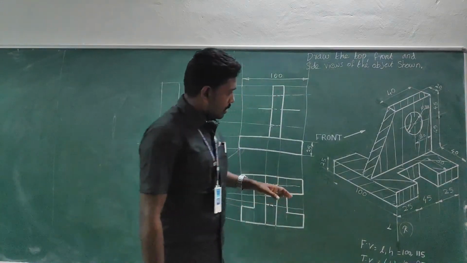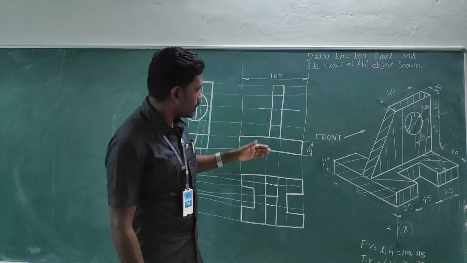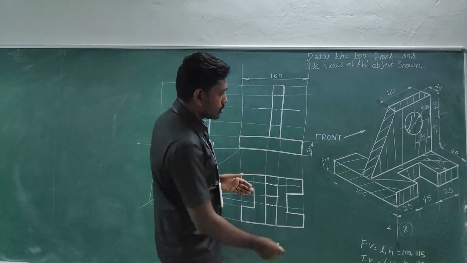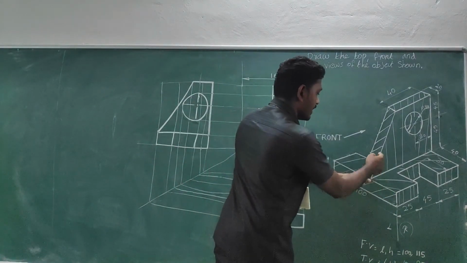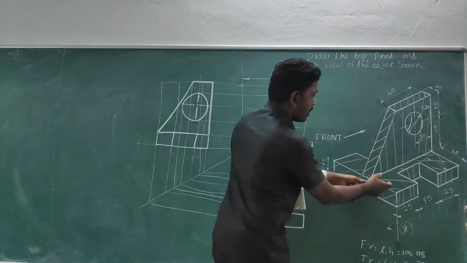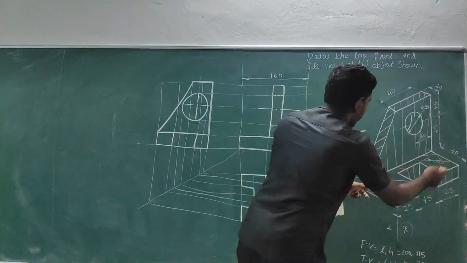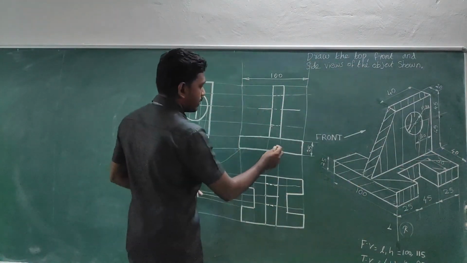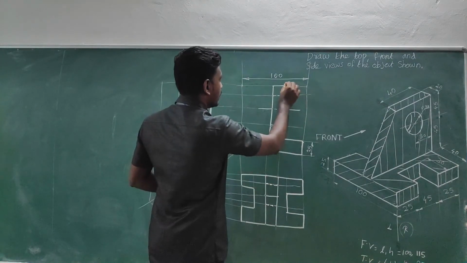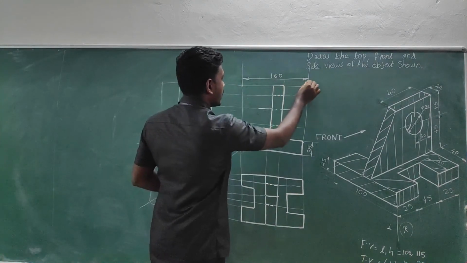Okay, and what are the things we can capture in the front view? So here, see, what about this vertical wall from the right extreme, how much is it? It is 40, right? That also can be covered. So here we can take a line.